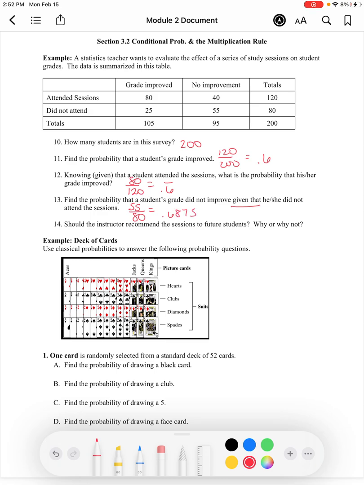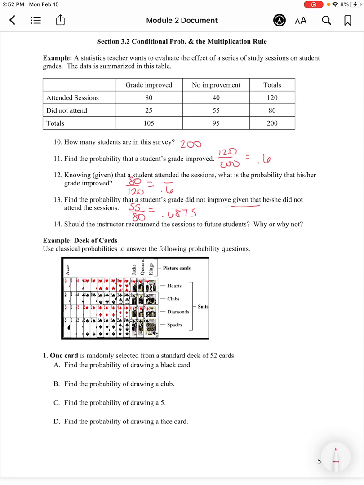Should the instructor recommend the sessions to future students, why or why not? I'm going to leave that question for you to decide, but base your answer off of probability. Looking at whether it helps to attend the session to improve your grade versus not attending the session and improving your grade. So that is a question that you can answer on your own.